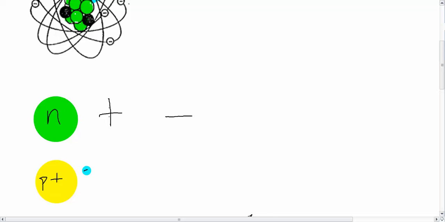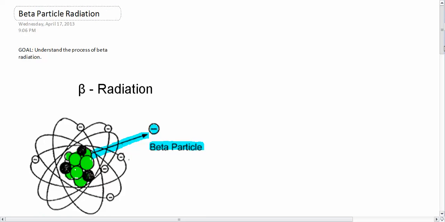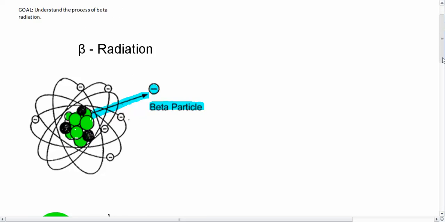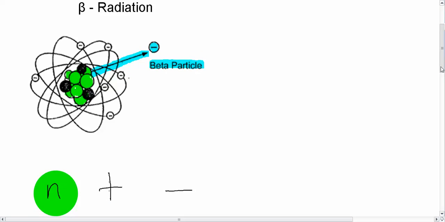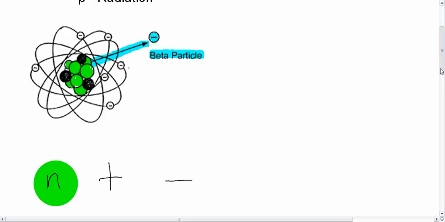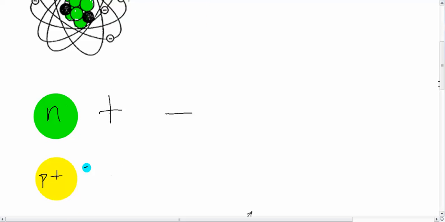When we talk about beta particle radiation, and this idea of electrons that come from inside the nucleus, what we're really talking about is electrons that came from inside a neutron. So in beta particle radiation, we have electrons being ejected from a neutron inside the nucleus.